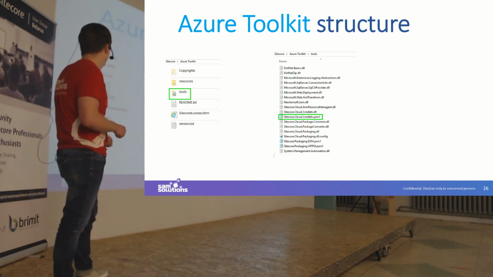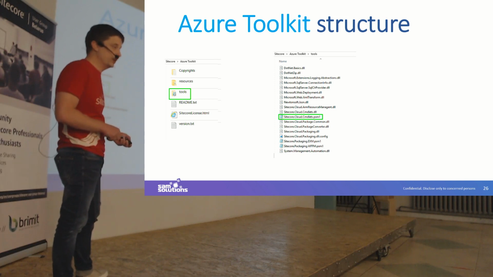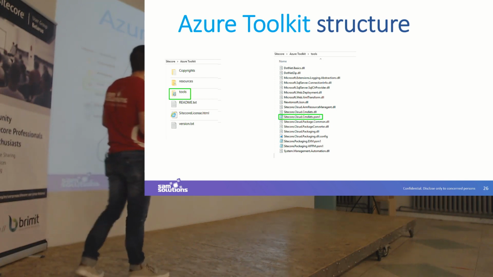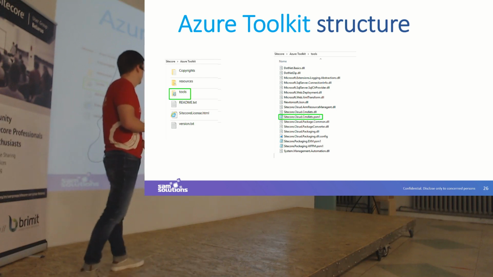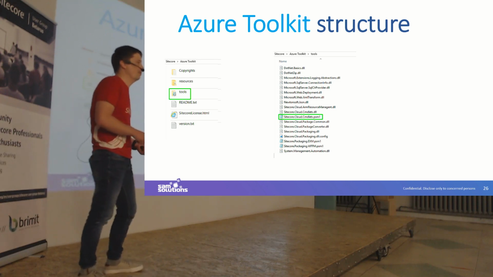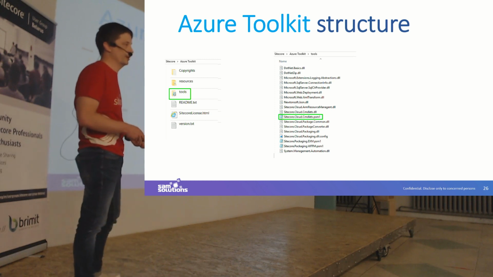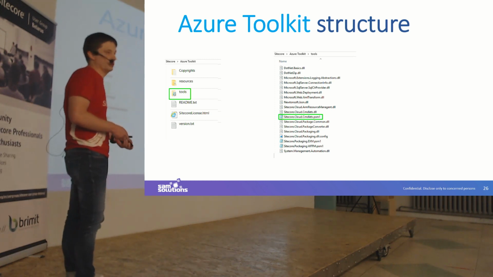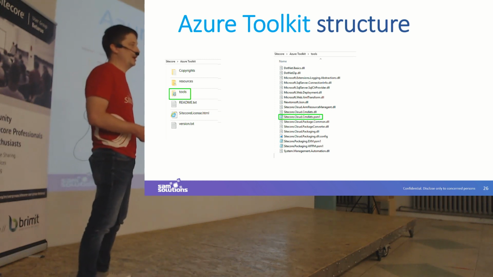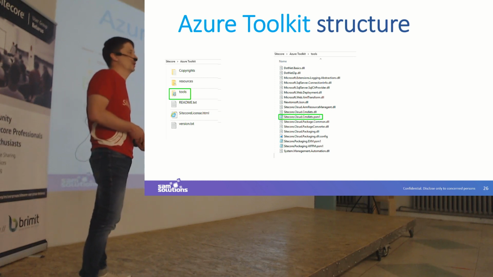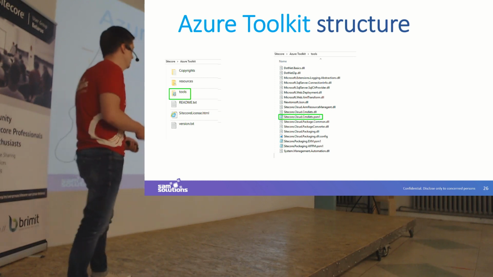Also, one more folder inside is the tools folder, which I marked in a green rectangle. This is a PowerShell module provided by Sitecore. This module contains the main commands we need to execute in the PowerShell terminal to do this work.